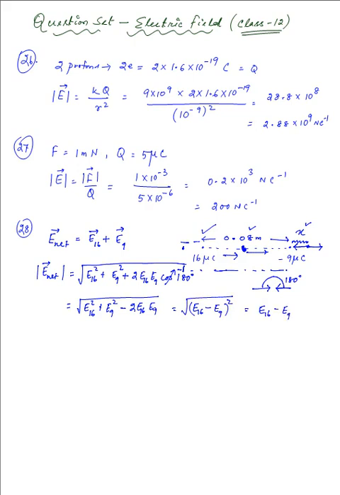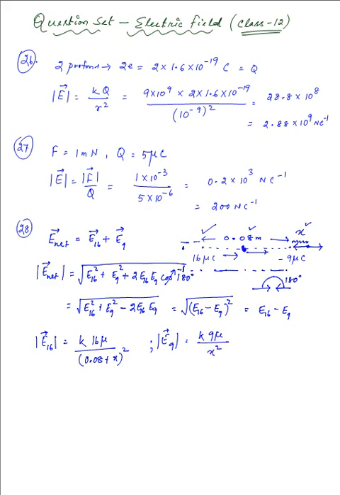So what is the value of E16? As far as the magnitude is concerned, E16 is K times 16 microcoulomb divided by 0.08 plus x whole squared. And for E9, the magnitude is K times 9 microcoulomb divided by x squared. The directions are opposite, of course, so we need not write that again and again.